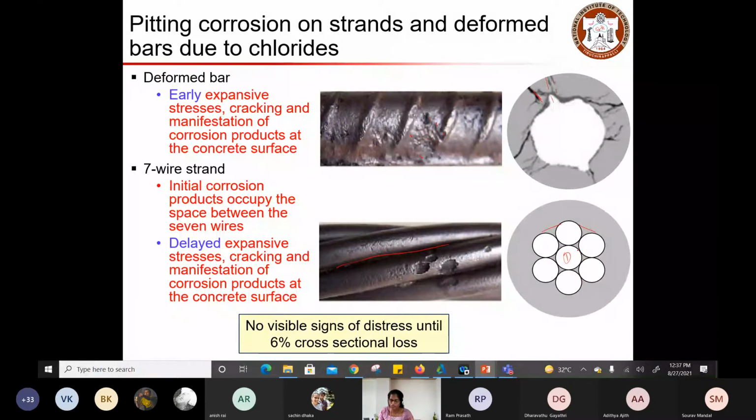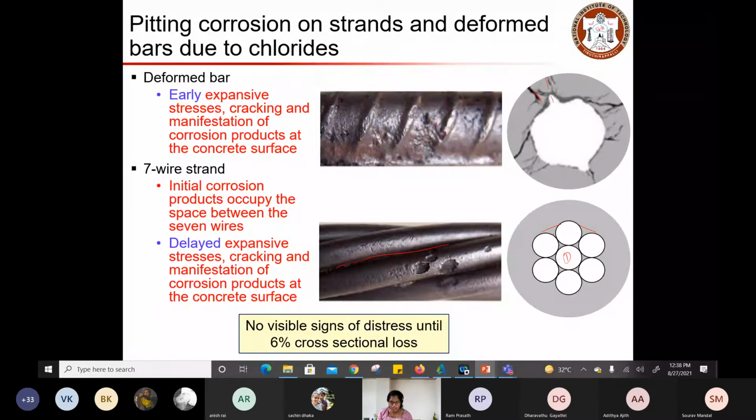Unlike conventional reinforced concrete systems, where you have a solid structure and, because of rust formation, you expect cracking due to expansive stress and can see stains on the surface, in this case, once the wire starts corroding, the rust particles get filled into the space.